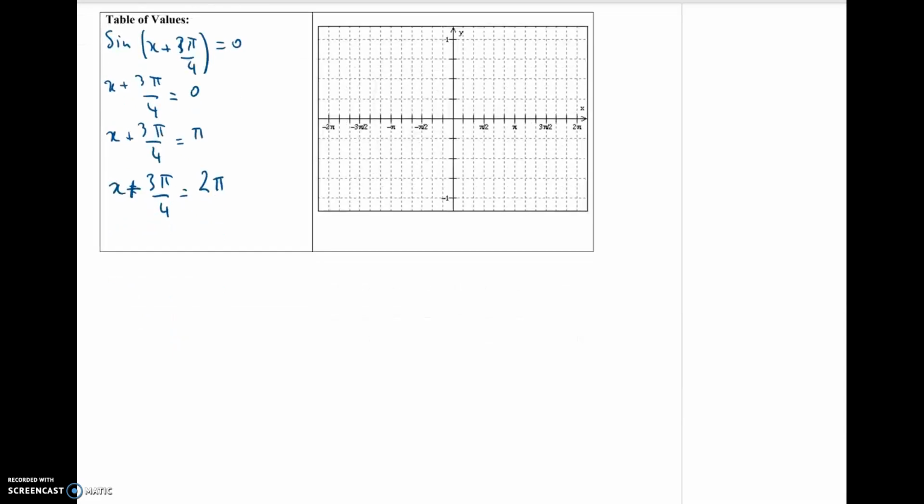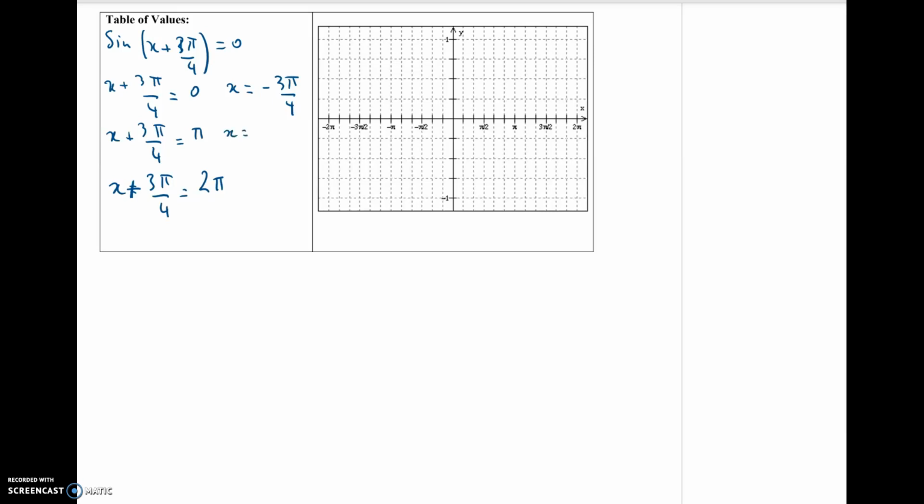So, what does that mean for the value of x? Well, for the first one, I get x equals negative 3 pi over 4. When x is equal to negative 3 pi over 4, the sine of my angle will be equal to 0.